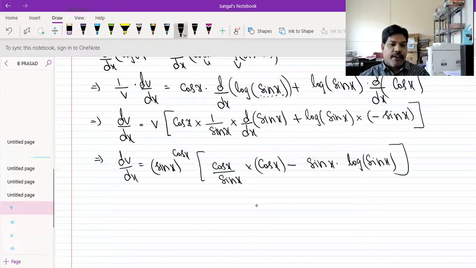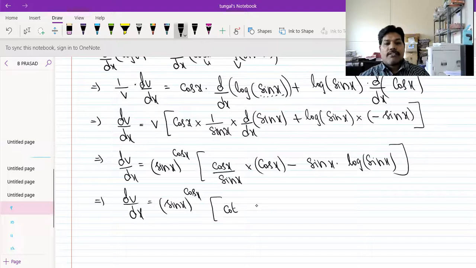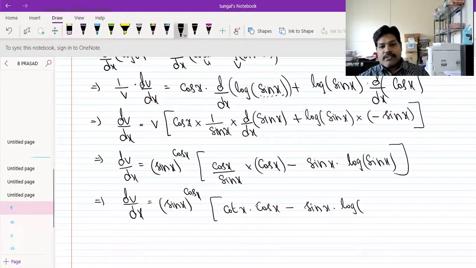So finally, what we can write, students, is dv by dx equals sin x power cos x into cot x into cos x minus sin x into log of sin x. So this is equation number 2.